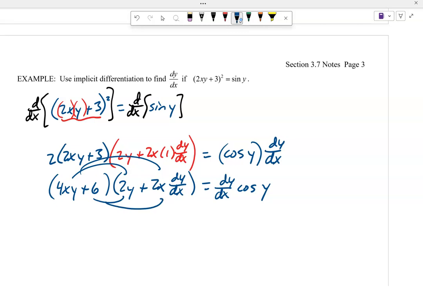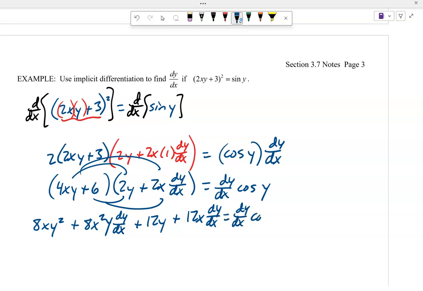So I've got 4xy times 2y, I've got 8xy squared. And then 4xy times 2x, I've got 8x squared y dy/dx. Now the inner term, 6 times 2y, I've got 12y. And I've got 12x dy/dx equals dy/dx cosine y.